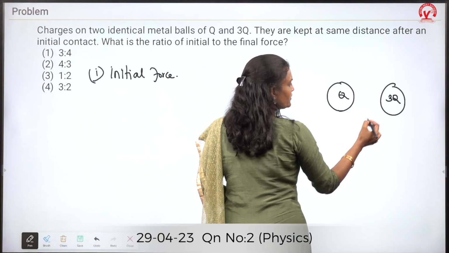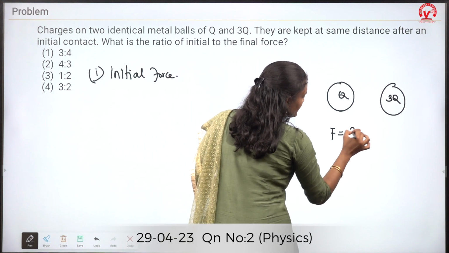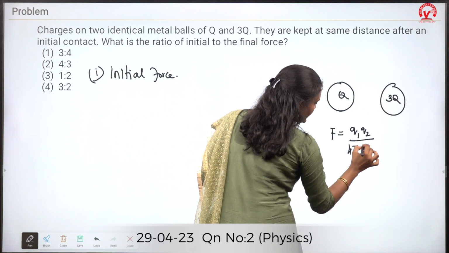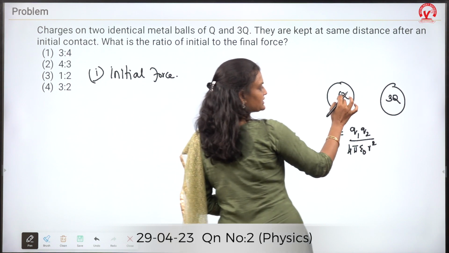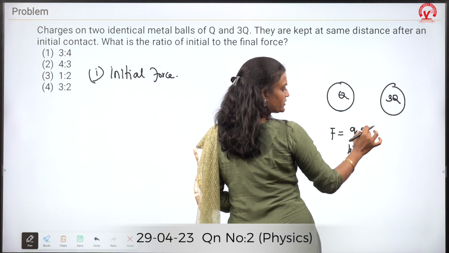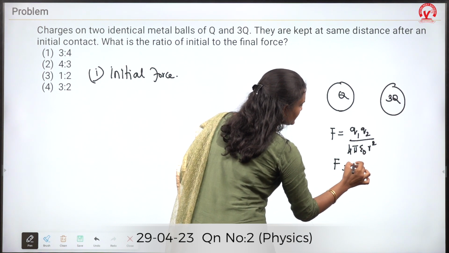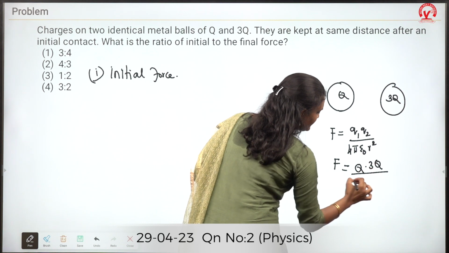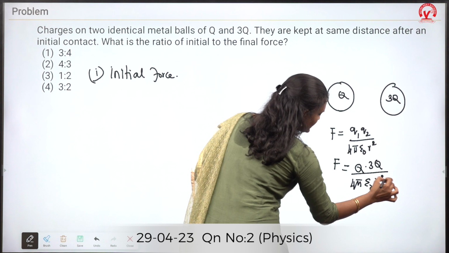According to Coulomb's law, force is equal to Q1 Q2 divided by 4 pi epsilon naught r square. Here Q1 is Q and Q2 is 3Q, so F is equal to Q into 3Q divided by 4 pi epsilon naught r square.